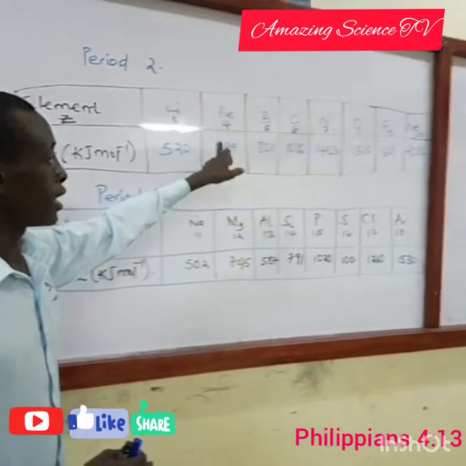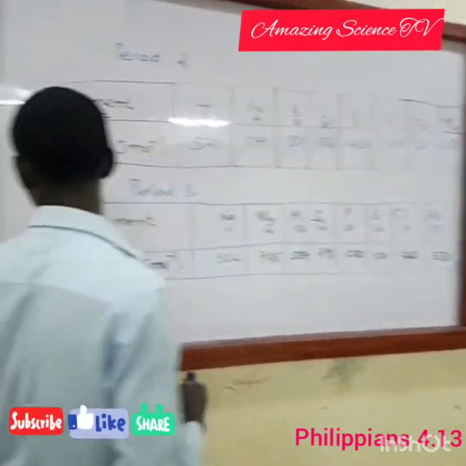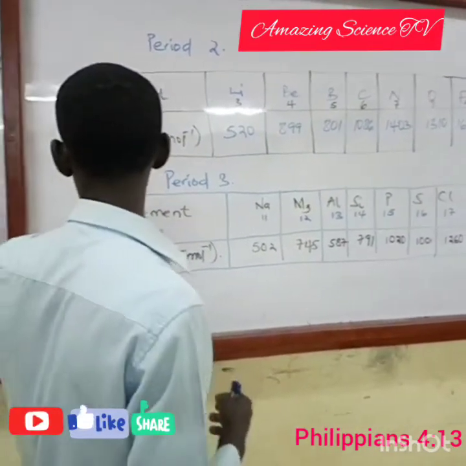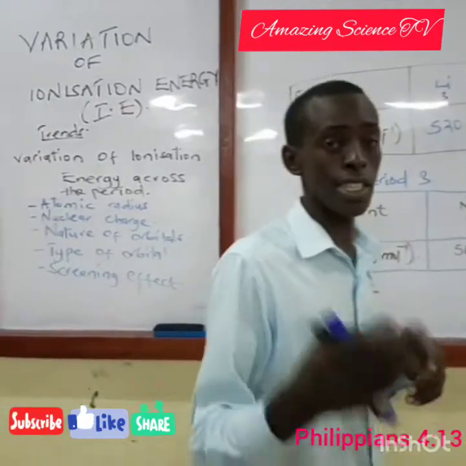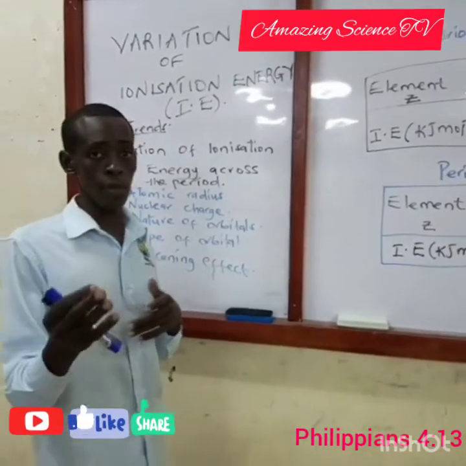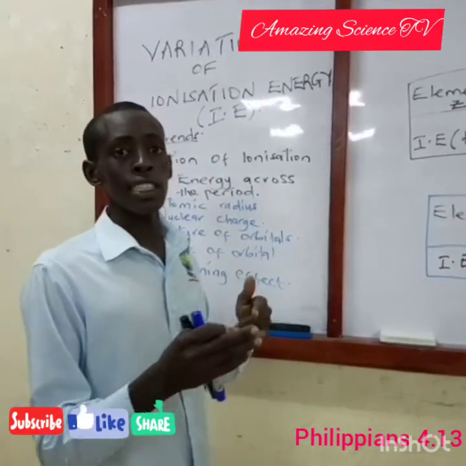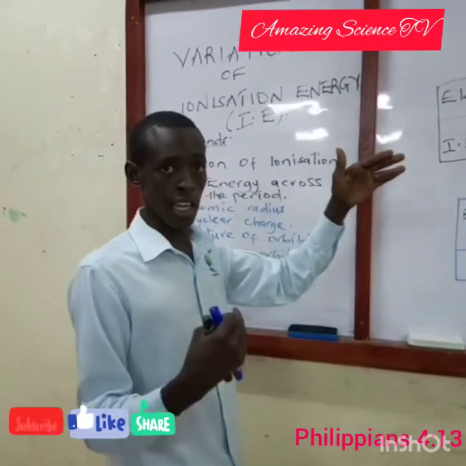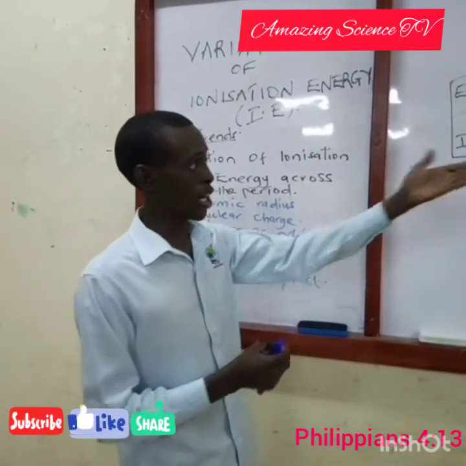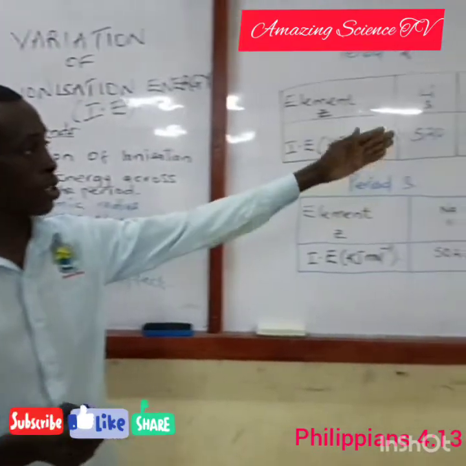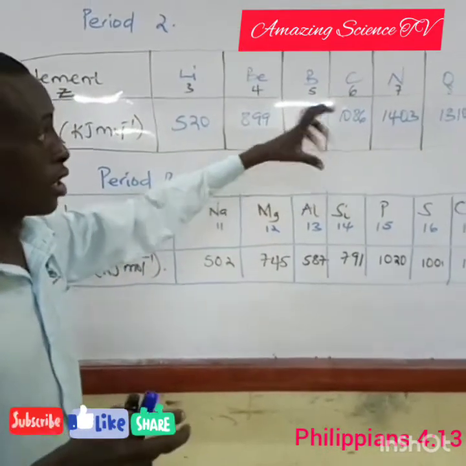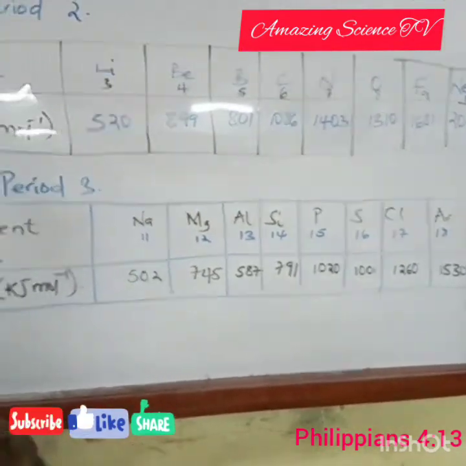Since atomic radius decreases across the period, and atomic radius is inversely proportional to ionization energy, an increase in atomic radius reduces ionization energy, and a reduction in atomic radius increases ionization energy. That's why as those atoms go on decreasing in size, the ionization energy goes on increasing, since they are inversely proportional.